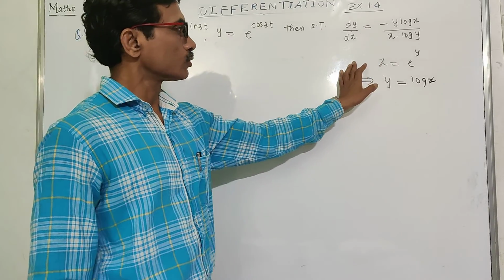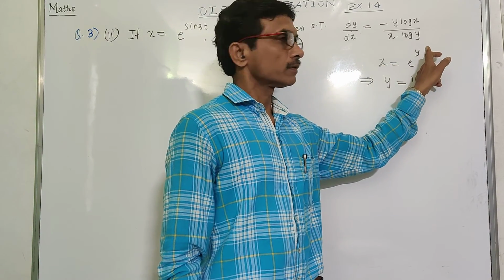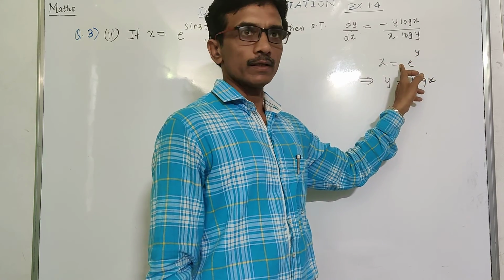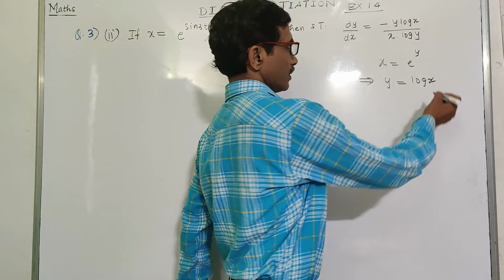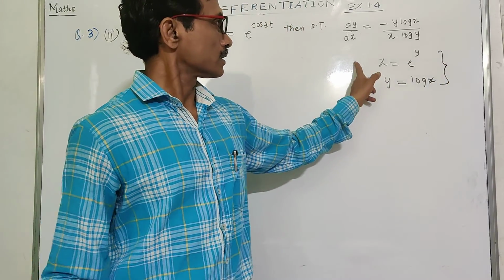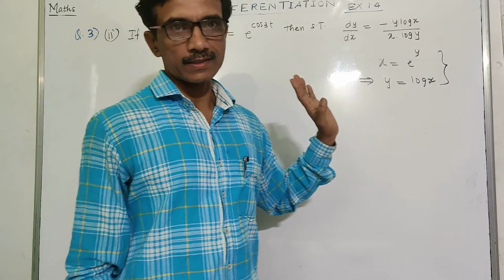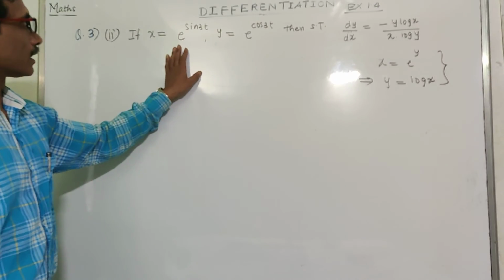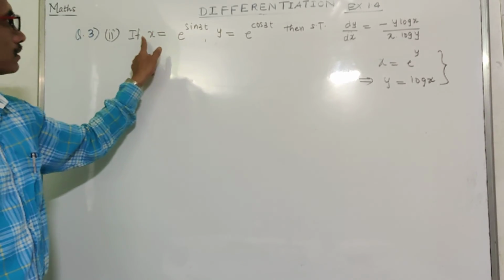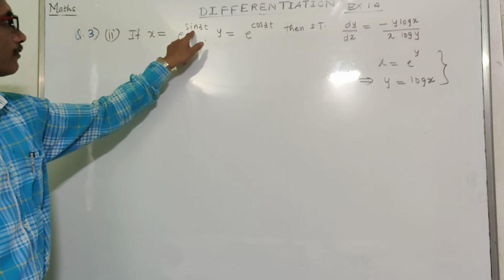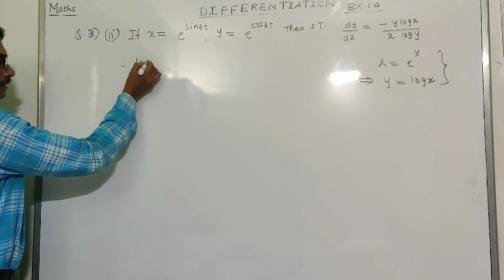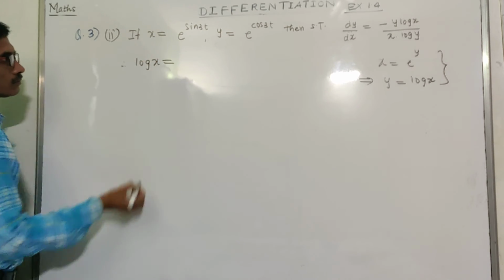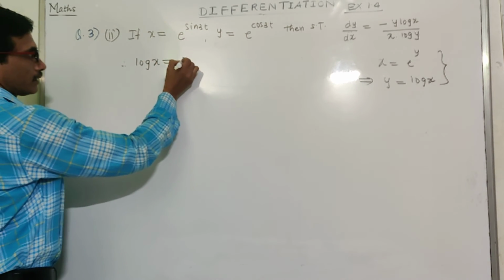If we take log of both sides, log x will be log of e raised to power y, and that will be y log e, that is y. So remember, if x is e raised to power y, then y is log x. Therefore, log of x will be equal to sin 3t.